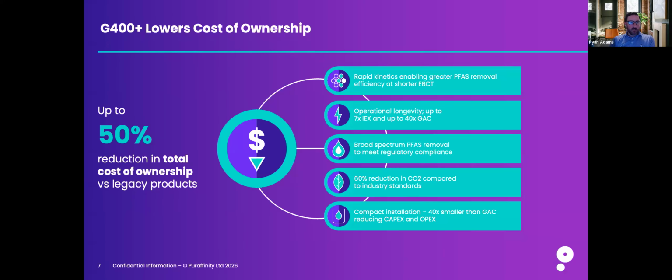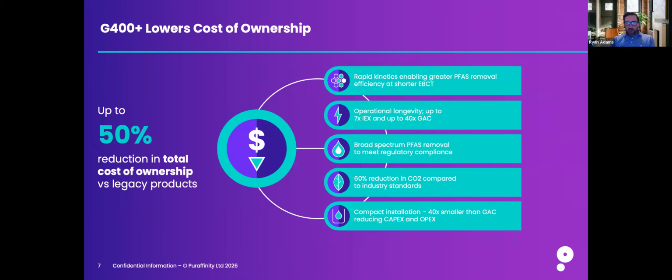So a little bit about the cost of ownership for the media. You can see up to 50% reduction in cost of ownership versus legacy products of ion exchange and GAC. That's going to vary depending on project and everything, but you can see significant savings overall. With our media, those rapid kinetics allow for much shorter empty bed contact times.